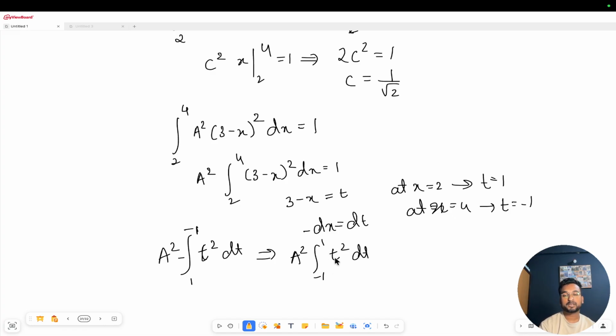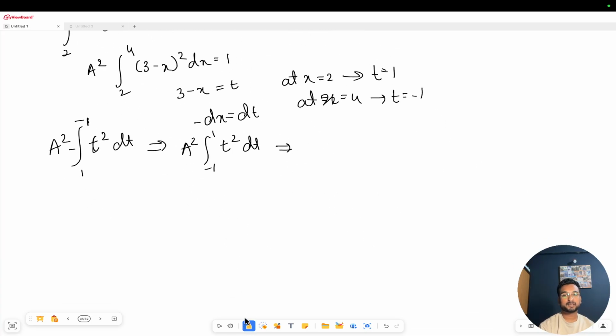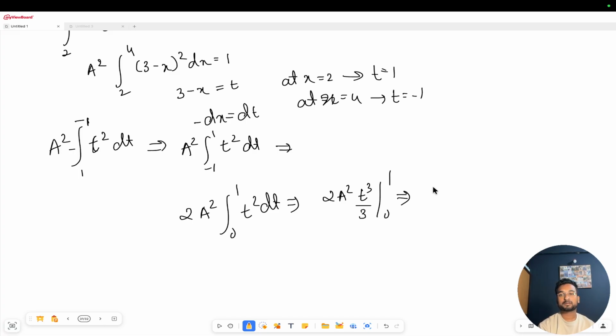T square is an even function, so you can write it as 2a square, 0 to 1, t square dt. Next it will be 2a square, t cube by 3, 0 to 1. So you will get 2a square by 3, which is equal to 1.